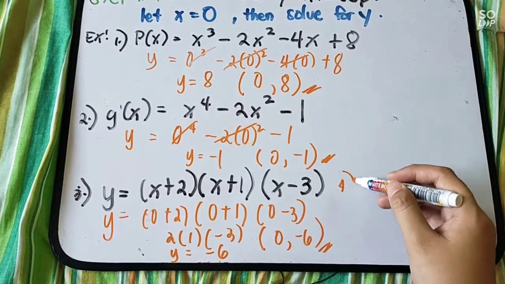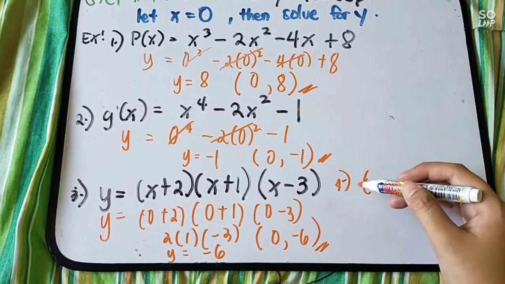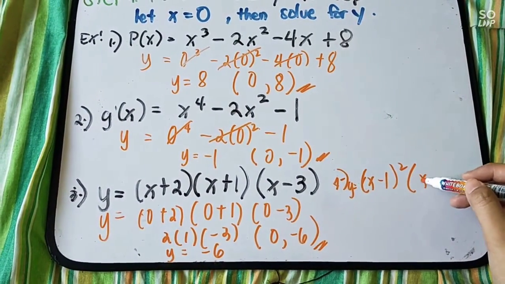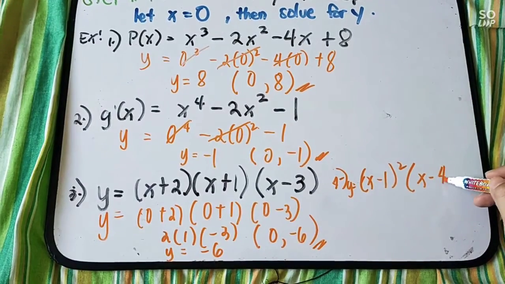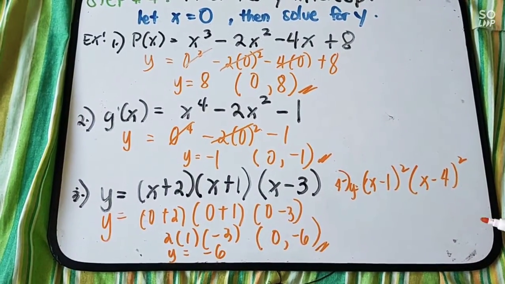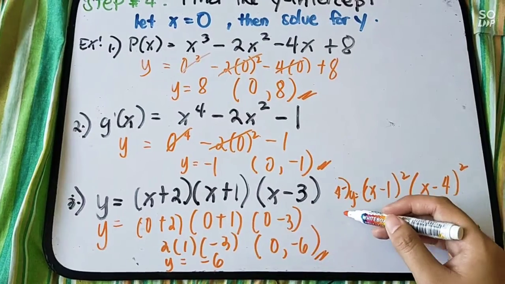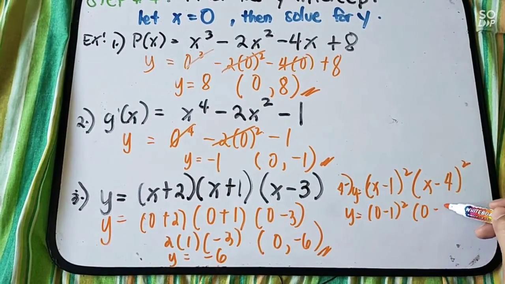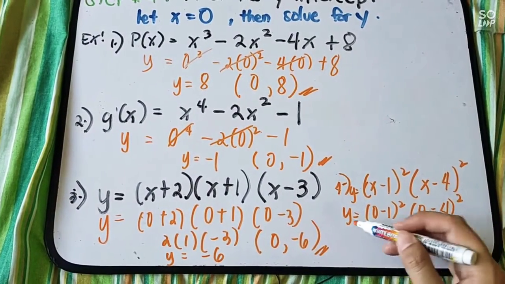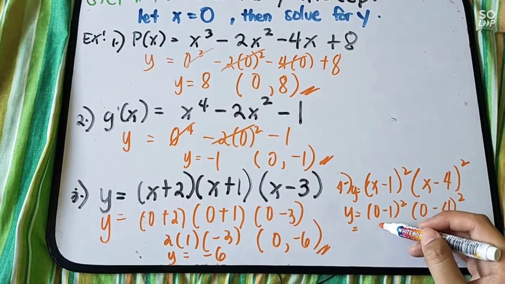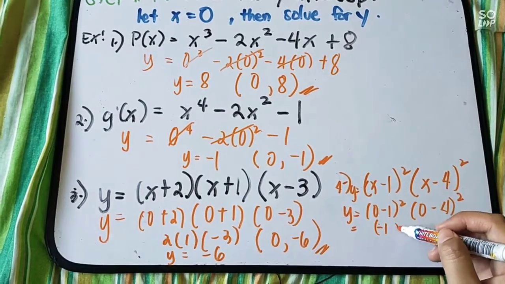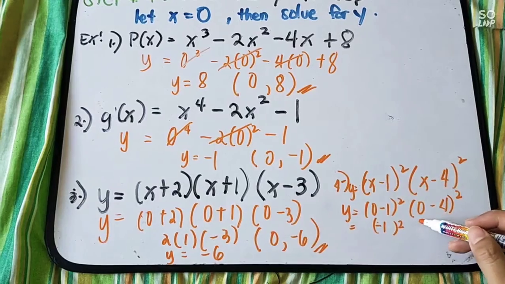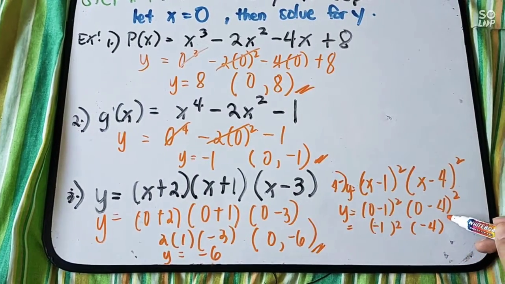Ma'am, what if there is an exponent here? Okay, one more. What if there is an exponent? So, we have y is equal to x minus 1 squared times x minus 4 squared. For example. We have 0 minus 1 squared times 0 minus 4 squared. 0 minus 1 is negative 1 squared, and 0 minus 4 is negative 4 squared.